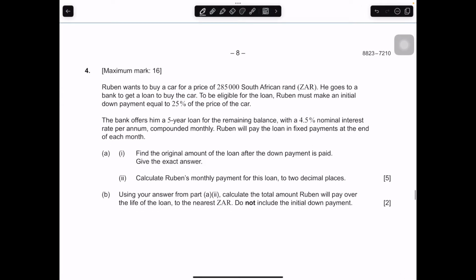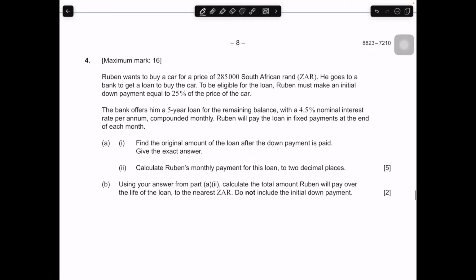Okay, going on, looks like we have a financial mathematics question here. Ruben wants to buy a car for a price of 285,000 South African Rand. He goes to a bank to get a loan to buy the car. To be eligible for the loan, Ruben must make an initial down payment equal to 25% of the price of the car.